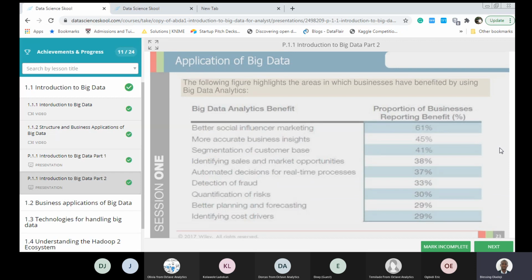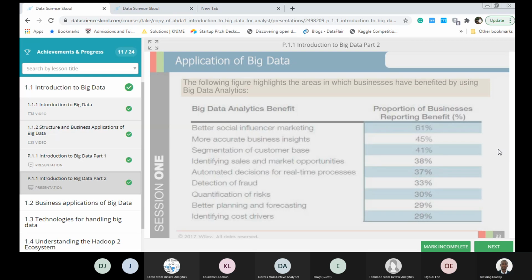this particular chart was sourced from, I think, a Harvard Business Review report, an HBR report, where they did a survey and asked some business executives about the impact of big data on their businesses.